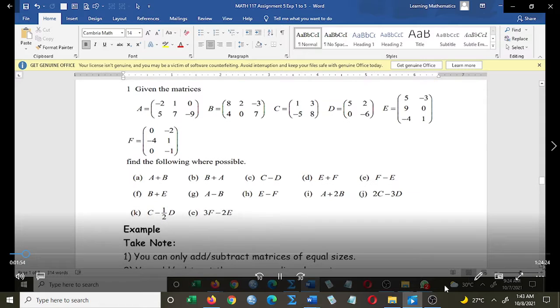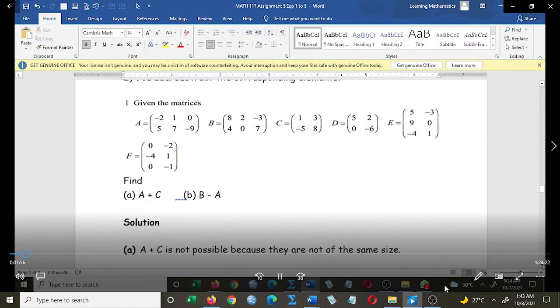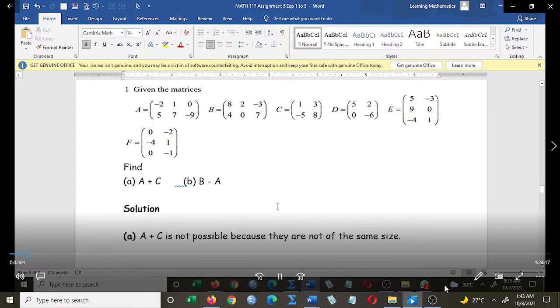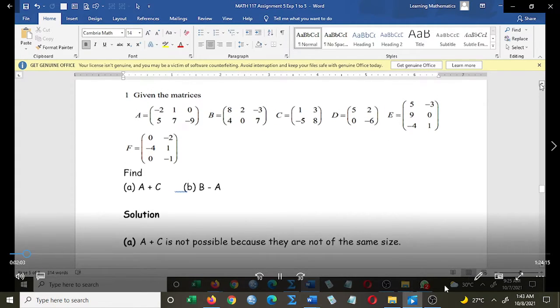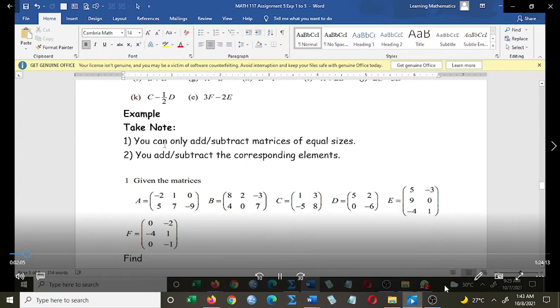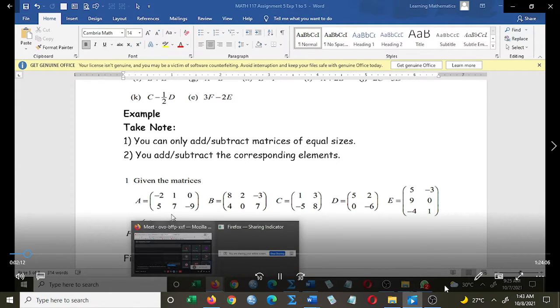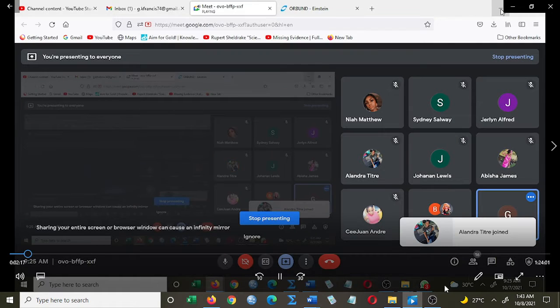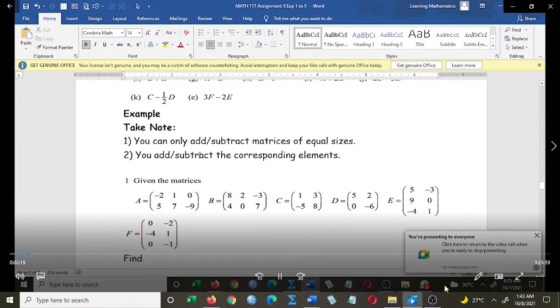We formulated an example, and based on the information we have stated, only matrices of the same size can be subtracted and added, and you have to add and subtract corresponding elements. We can only add and subtract matrices of equal sizes, and we must add and subtract corresponding elements.